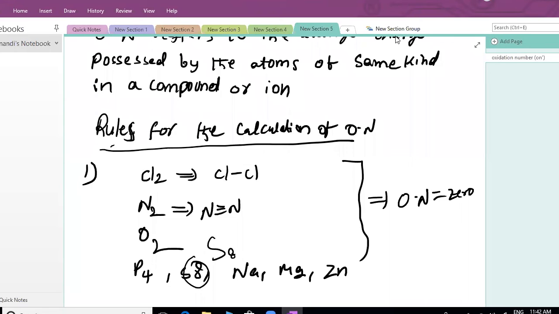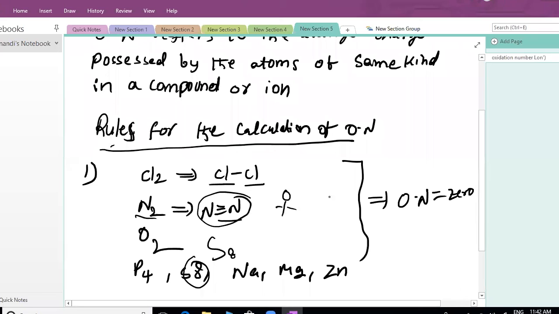When they combine with the same atom, same type of elements, we can see here oxygen atom, nitrogen, chlorine atom combined with chlorine only, that is 0. Nitrogen atom combined with the same atom, that is 0. These are the same strength, sir. Suppose in a movie there is a double action, both are the same.